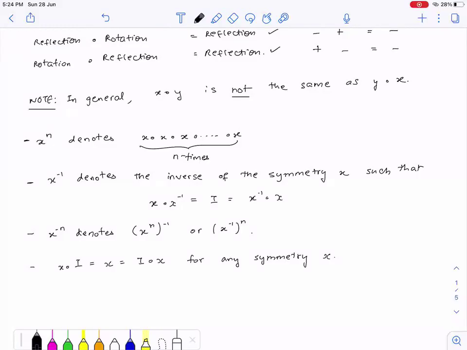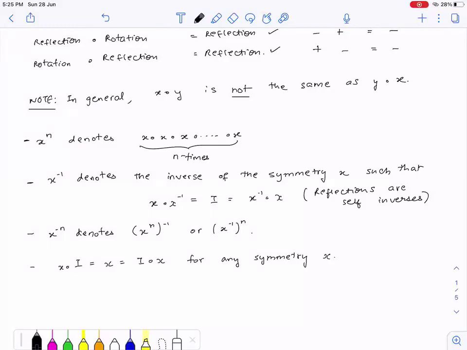For example, reflections are self-inverses. Meaning that if you apply a reflection about a given axis, let's say M1, and you reflect the resulting figure back about the same axis M1, then you would get your original figure back.